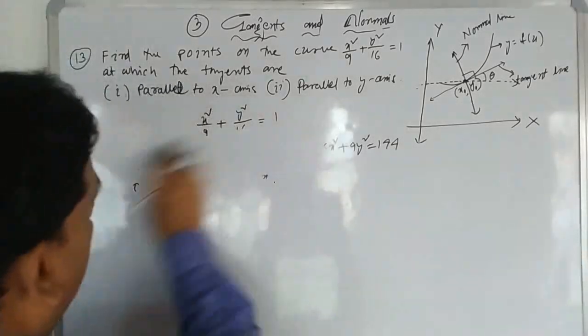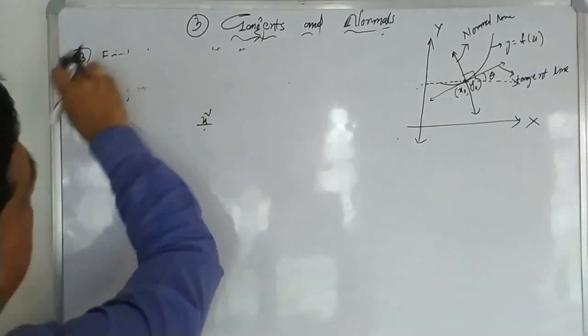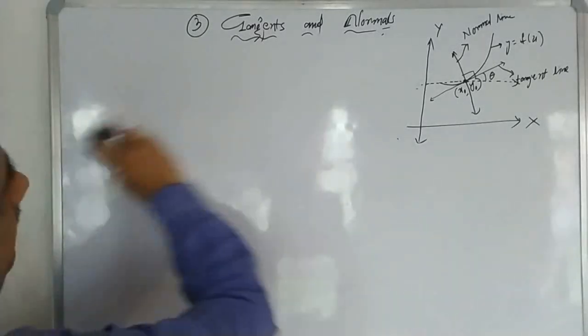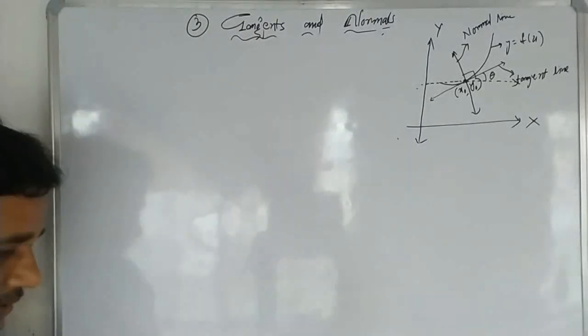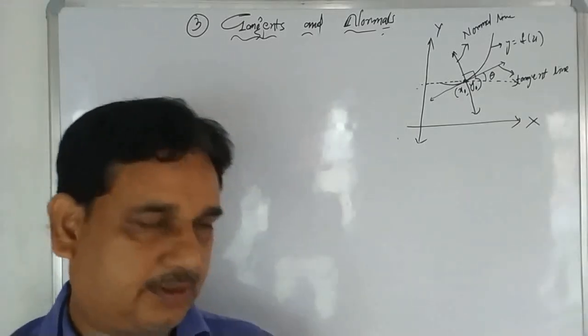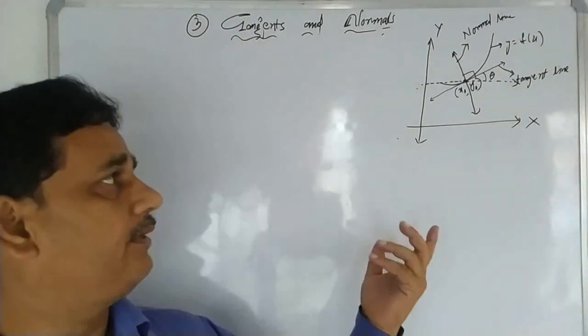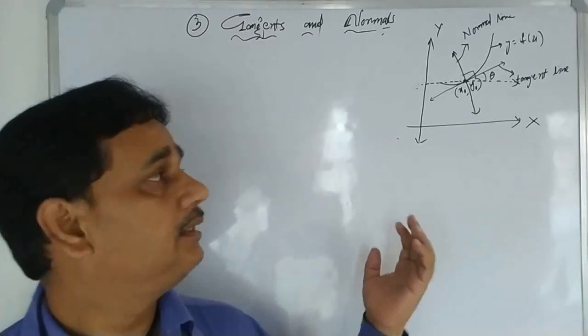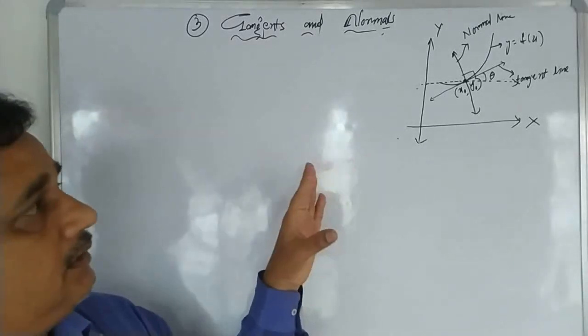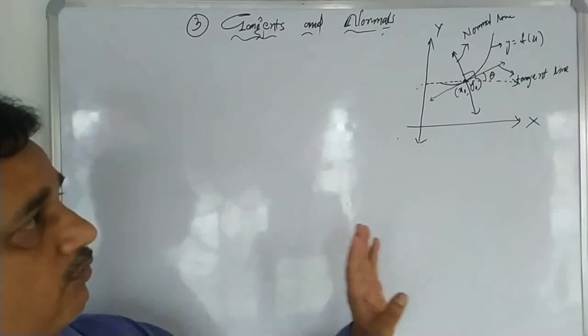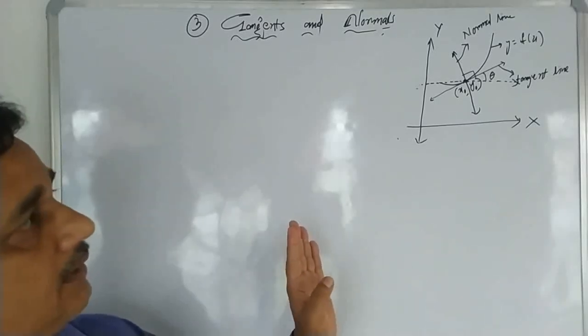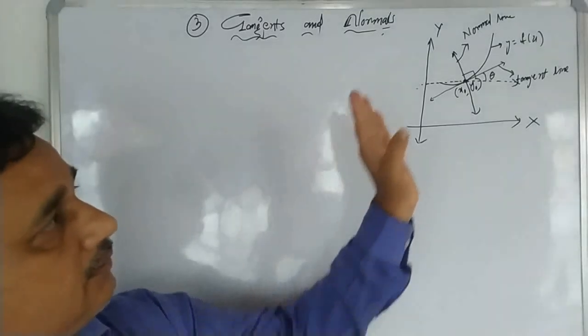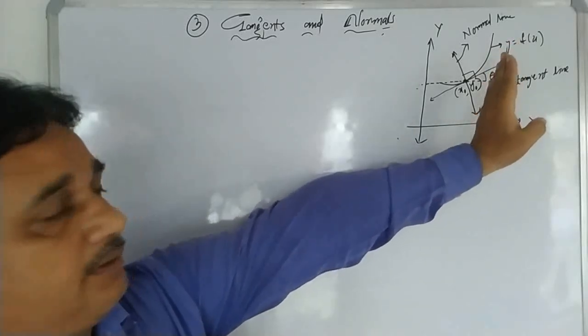So like this, you have to solve the problem. Mainly it will come based upon three things. For objective type questions, simply find the slope of the tangent or slope of the normal. Then in 2 marks questions and in 4 marks, it comes like this: the equation of the curve will be given.